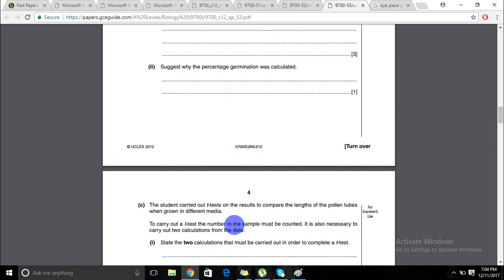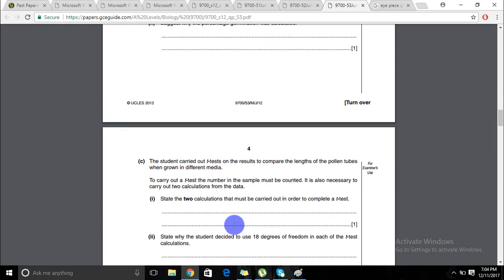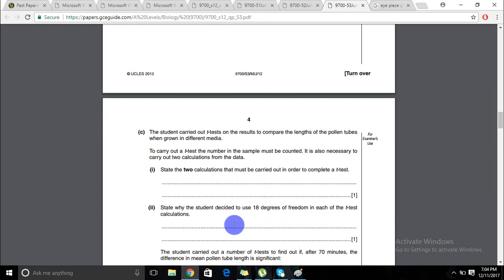And the student carried out t-tests on the results to compare the length of the pollen tube when grown in different media. And to carry out a t-test, the number of samples must be counted. It is also necessary to carry out 2 calculations: number 1, the mean of each set, and the standard deviation of the mean of each set.